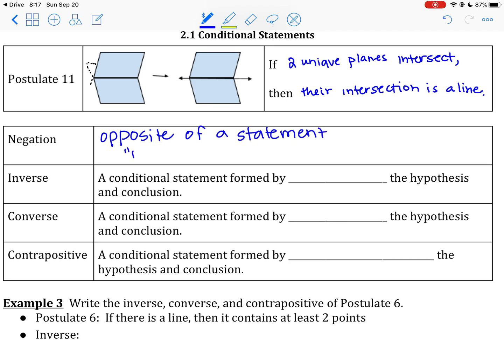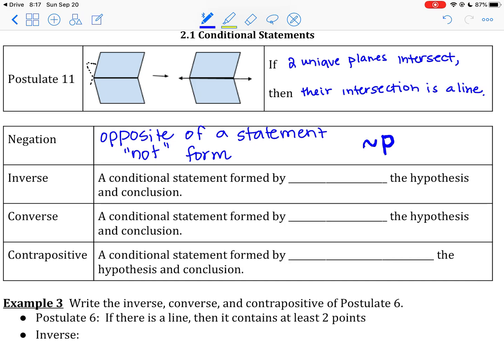It is the not form. So another way, if you are talking about the statement, the hypothesis, which we're going to talk about these logic letters a little bit later, but if we use the logic letter P, which stands for the hypothesis, and then you put a squiggle in front of it, that means to negate it. So that means to put the not form.